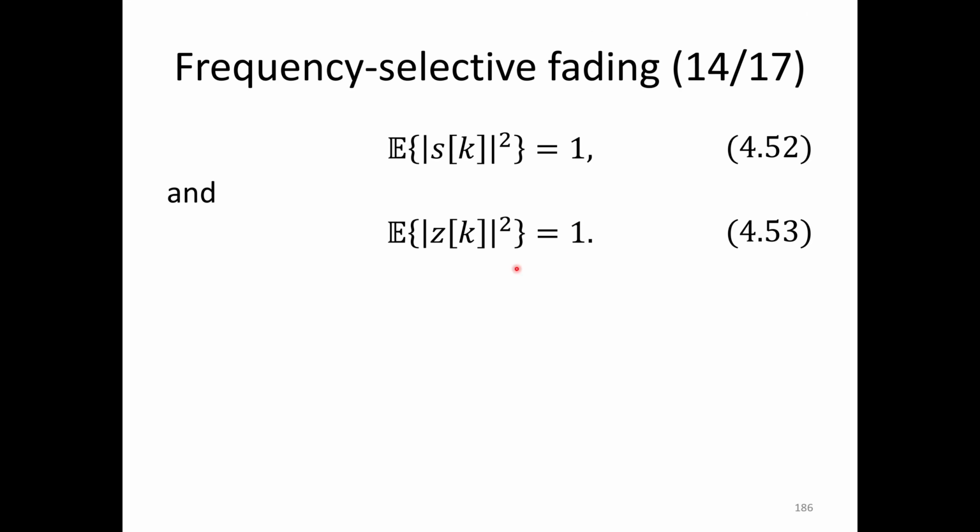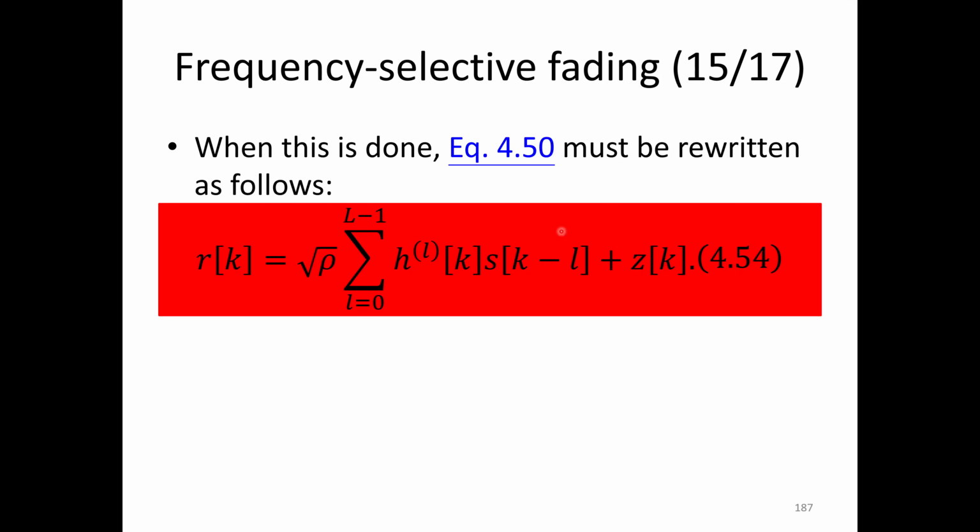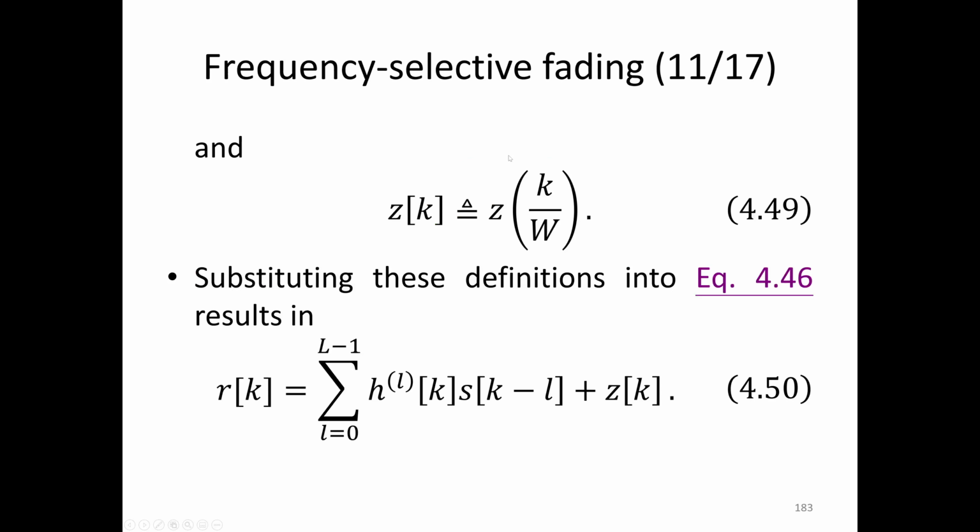So the communications meaning of this equation is that the average power of the noise is equal to 1. When this is done, equation 4.50, let us see equation 4.50, we have seen this equation just several minutes ago.